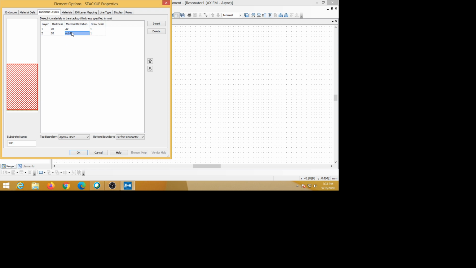As we know, for substrate 1 we gave a red color, so red color came here. But what is the thickness of our dielectric material? That is 1.59. So you type that here. It will automatically take mm, 1.59 mm. So this is the thickness of our dielectric material.